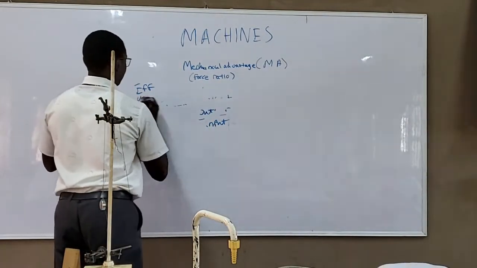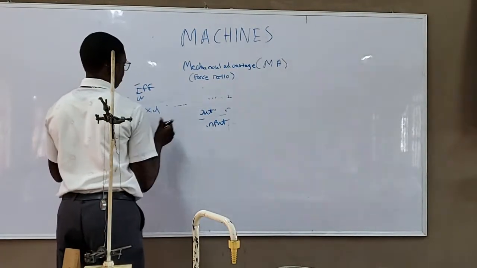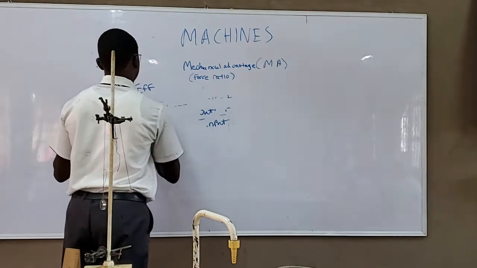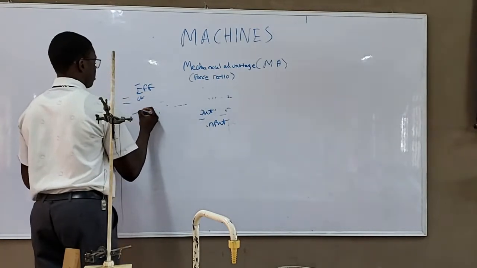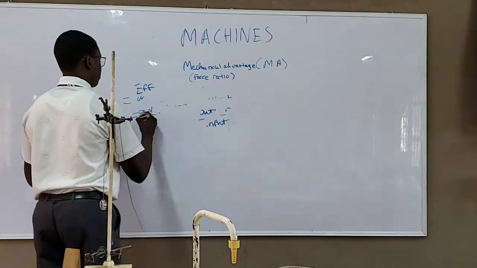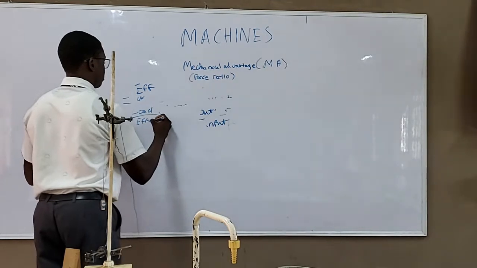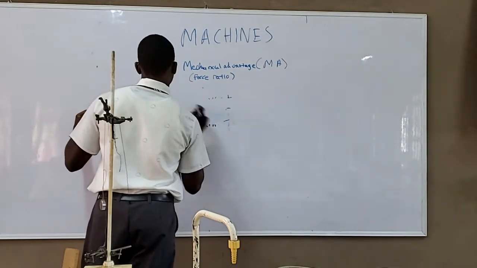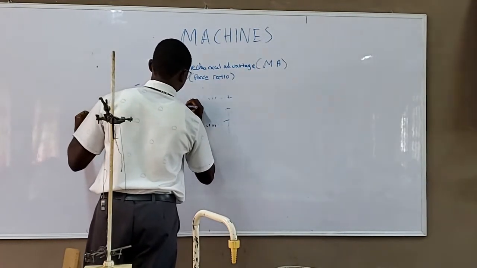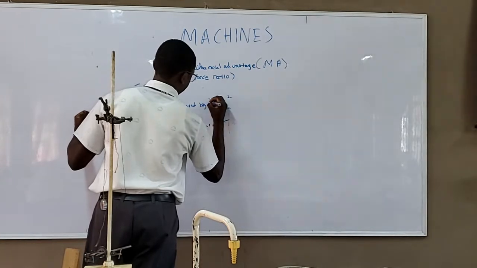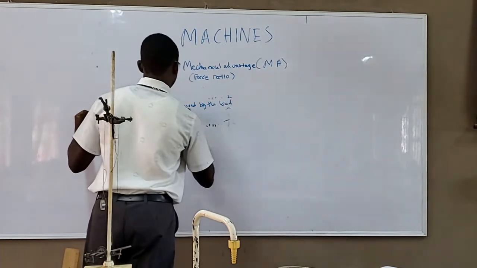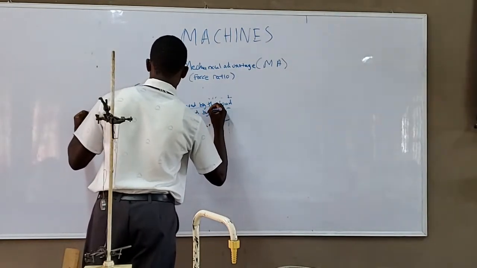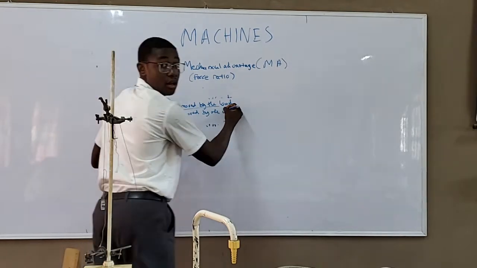Work is force times distance, and since load and effort are both forces, you can say efficiency is load times the distance moved by load all over effort times the distance moved by effort.